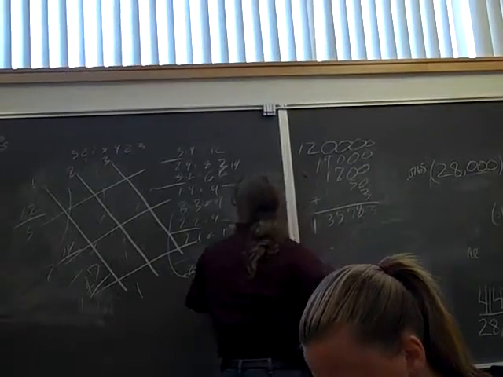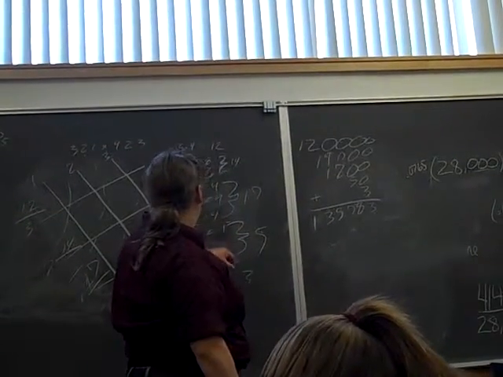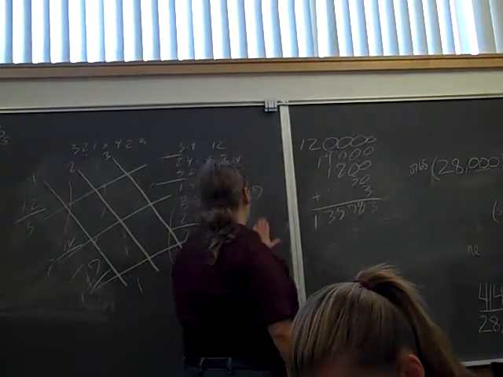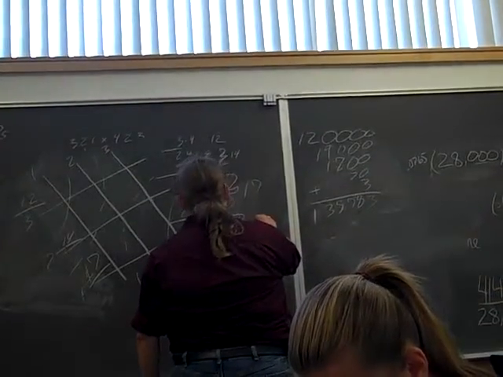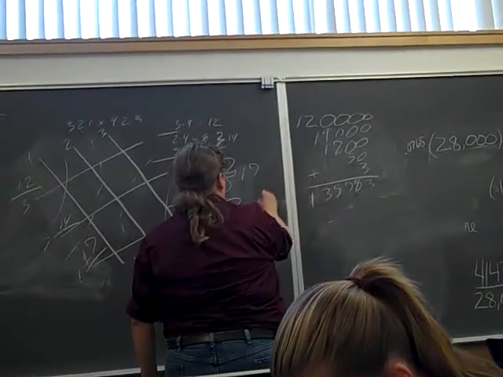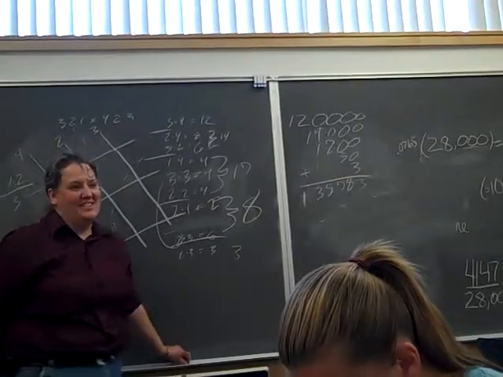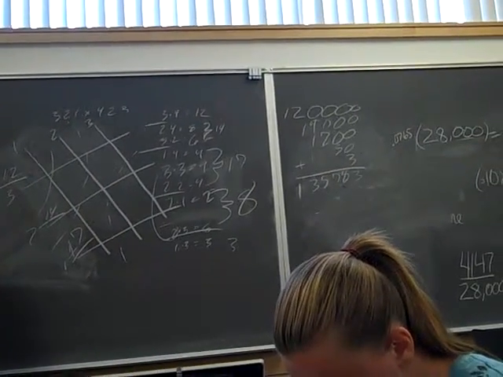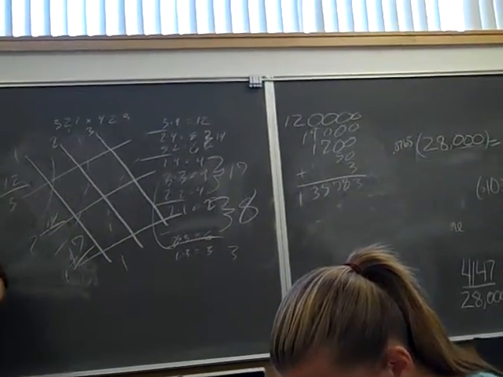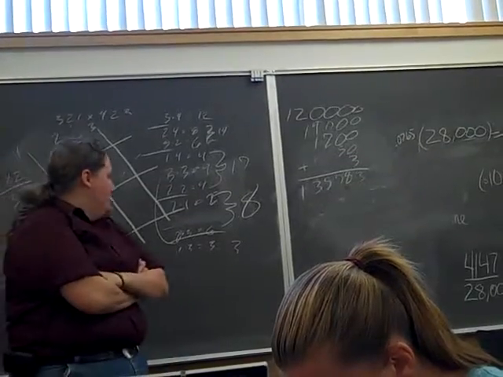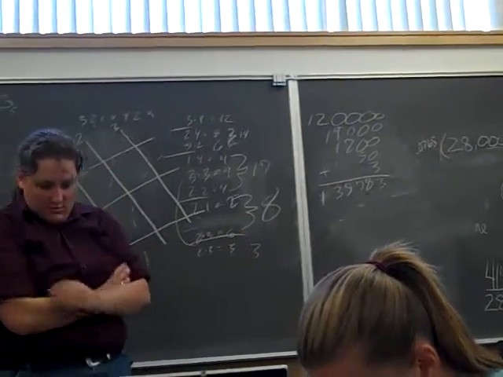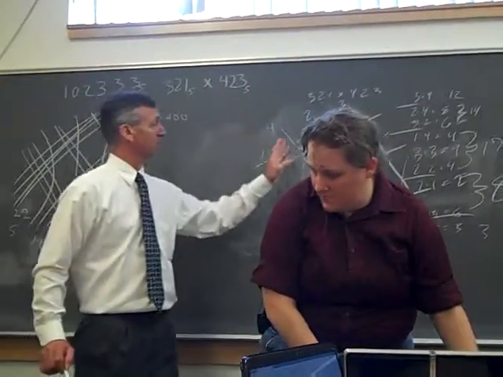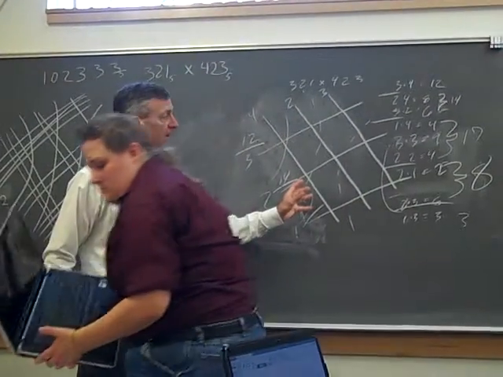Well, right here this is supposed to be 2 times 1 is 2. There we go. Sorry. There's your answer. 2 and 6 is 8. Yeah. Okay. Thank you.